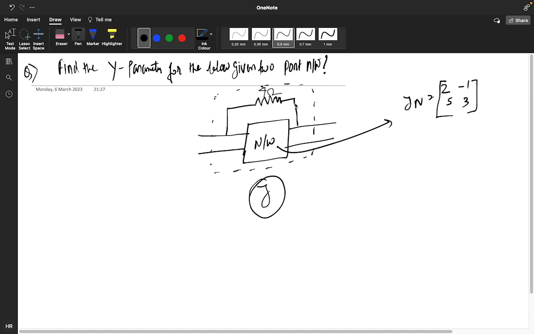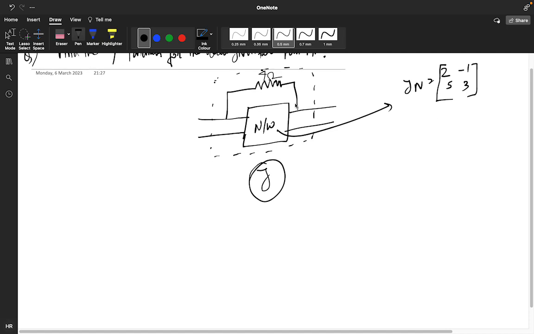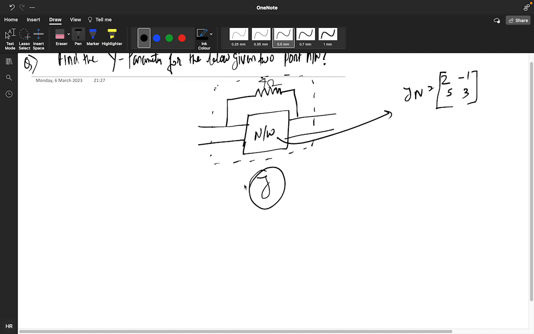So guys, let me tell you one thing. Suppose any network is like this, with positive and negative supply at each port.